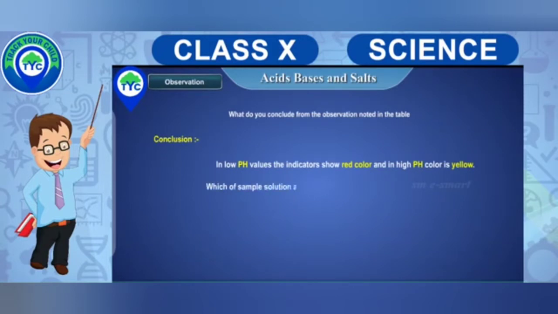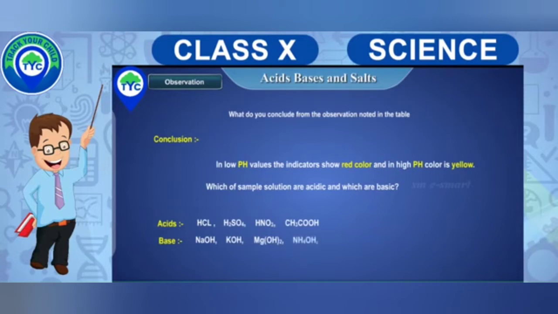Which of the sample solutions are acidic and which are basic? Acids: HCl, H2SO4, HNO3, CH3COOH. Bases: NaOH, KOH, Mg(OH)2, NH4OH, Ca(OH)2.